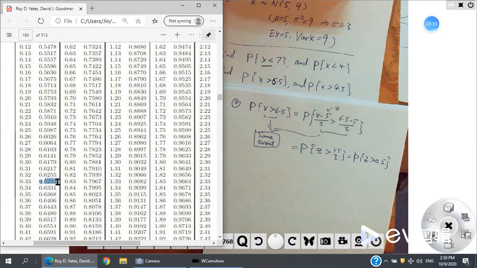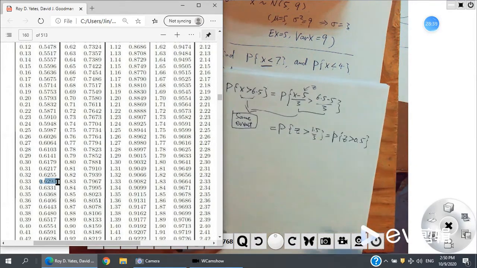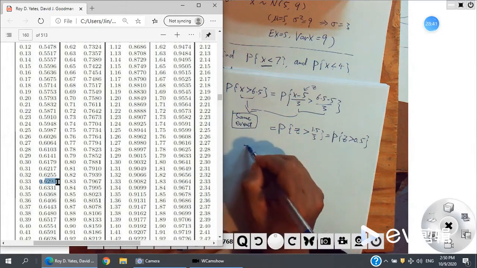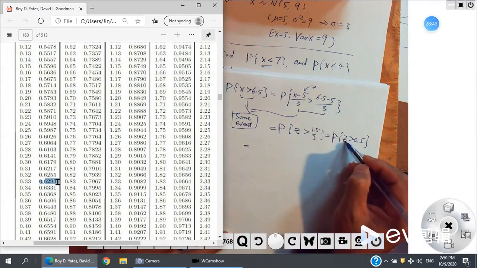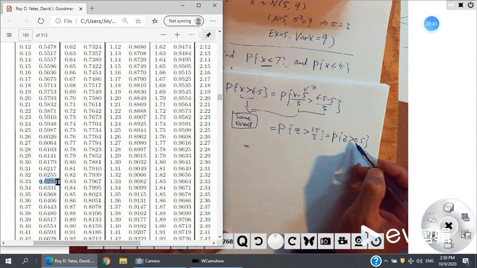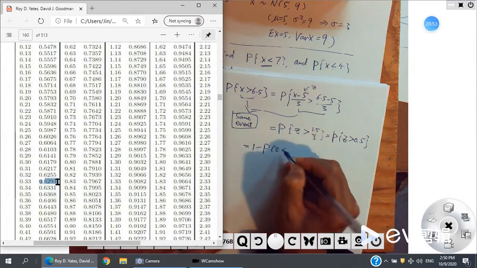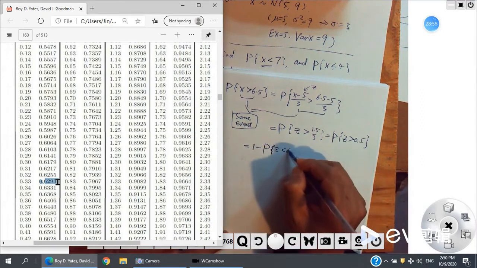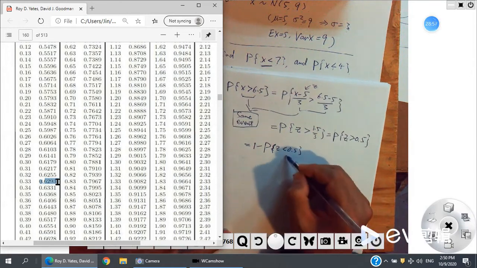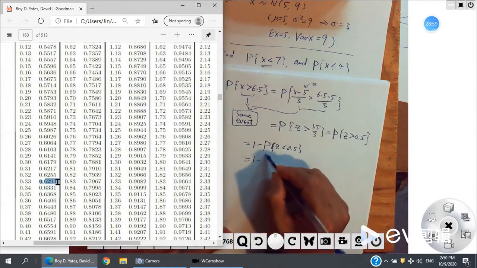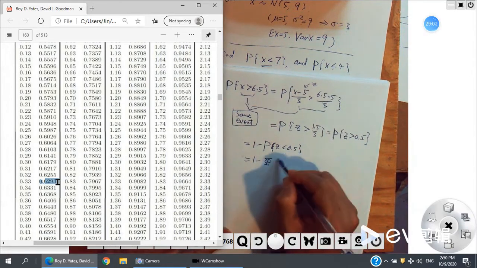Okay, then what is this? Z obeys the normal distribution. I want larger than. Larger than, you need to write it as 1 minus the probability of z smaller than 0.5. So this is 1 minus the CDF at value 0.5.